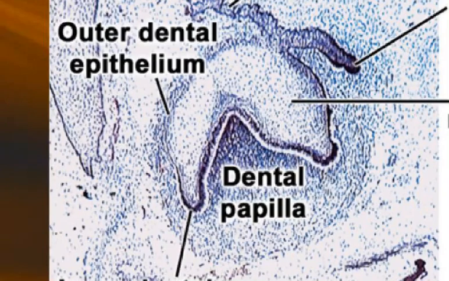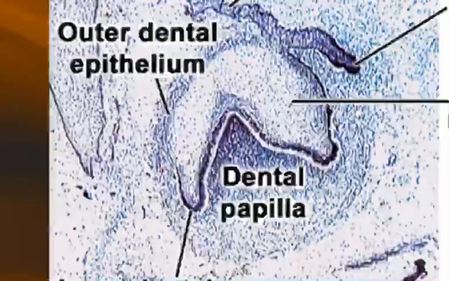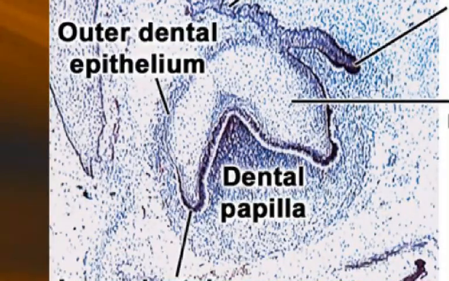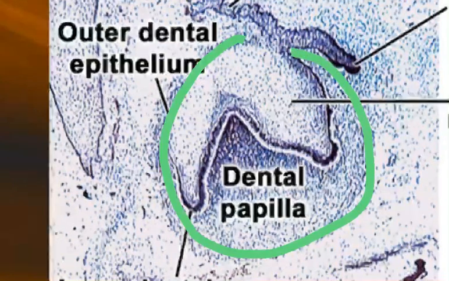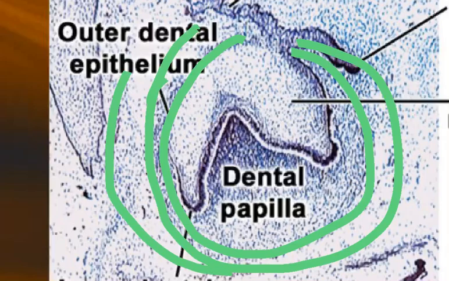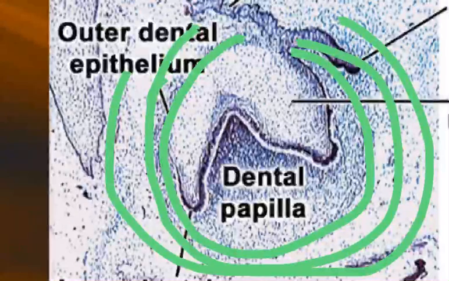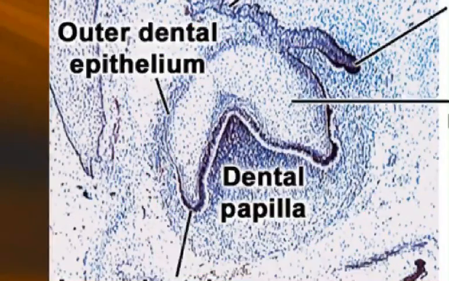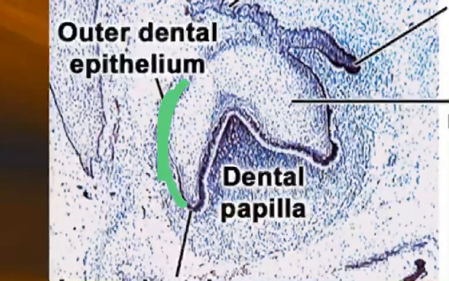Also, among the changes during this stage is the segregation of 3 layers of the dental follicle. The dental follicle becomes inner investing layer, middle investing layer, and outer investing layer.